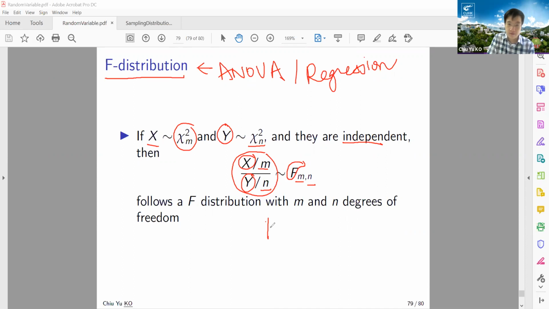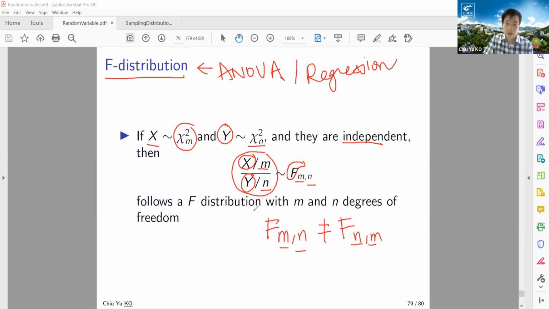Do note that F(m, n) is not equal to F(n, m). When you look at the table or type in Excel, you have to distinguish m, n and n, m. They're not symmetric.